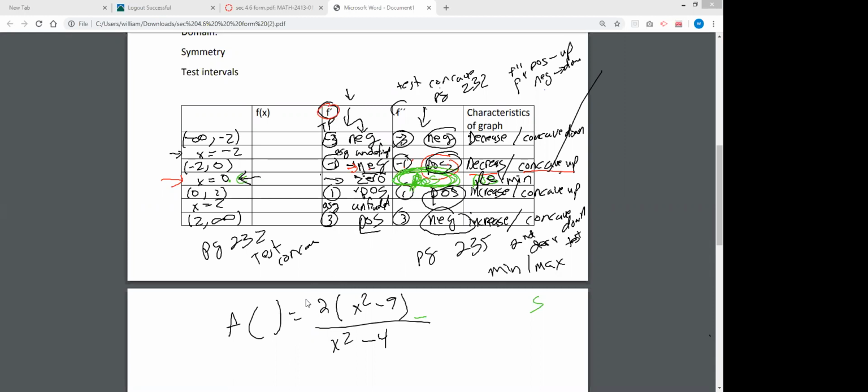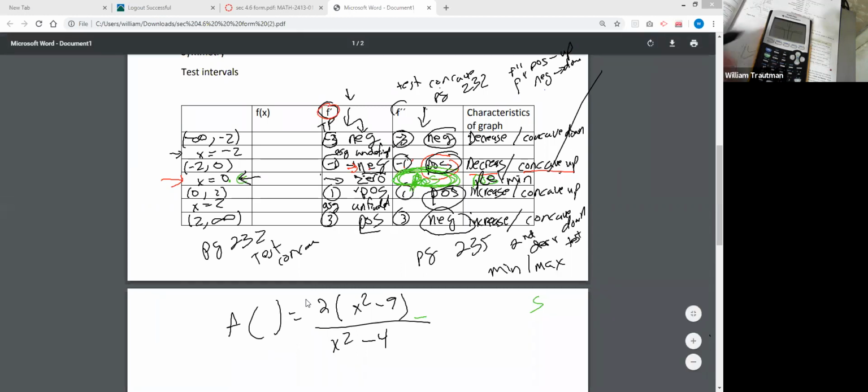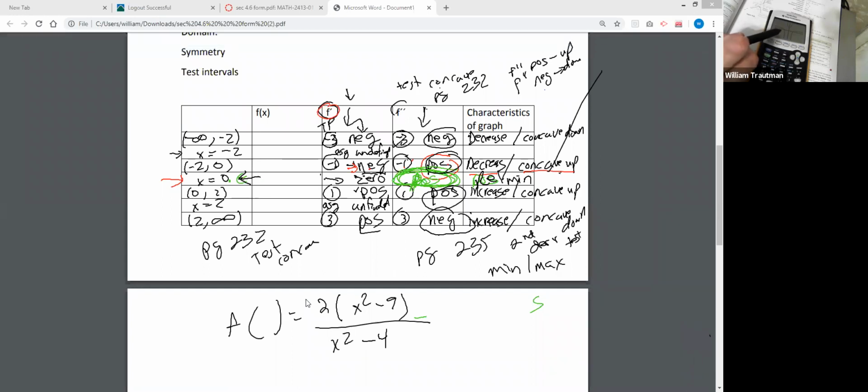It works. Okay. So if we look at everything we just wrote down, between negative infinity and negative 2 we have a decreasing function. Negative 2 is the asymptote, and from negative infinity to negative 2 the function is decreasing.